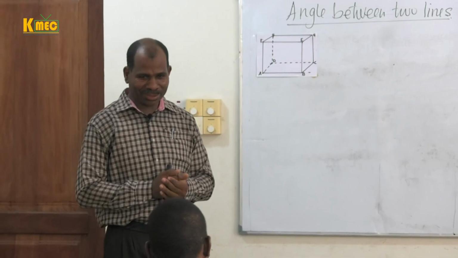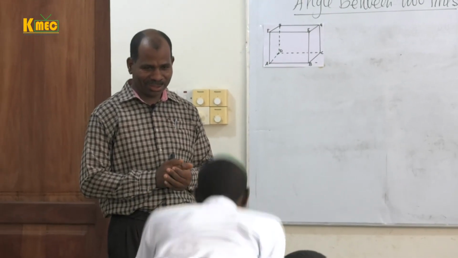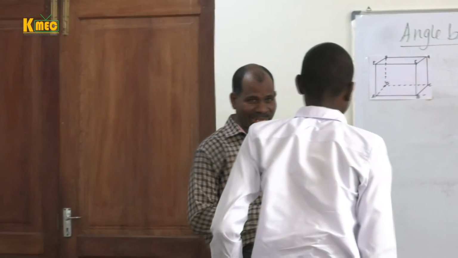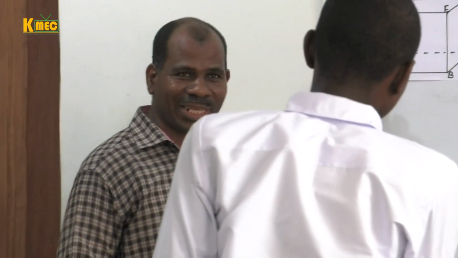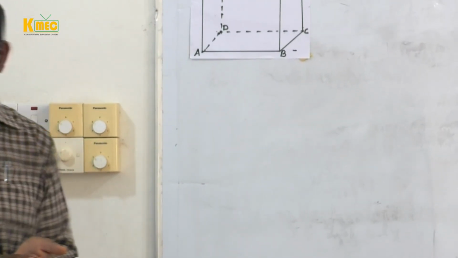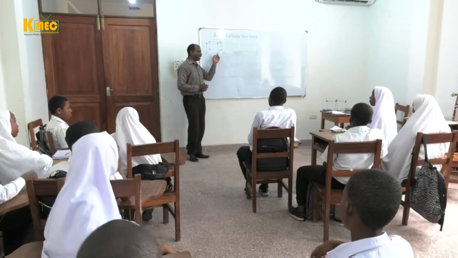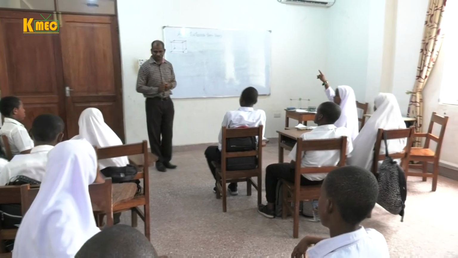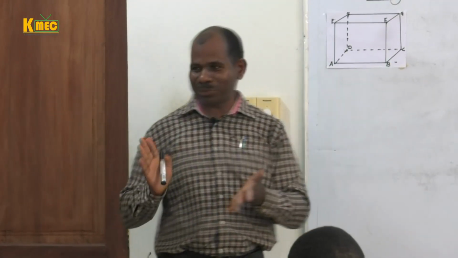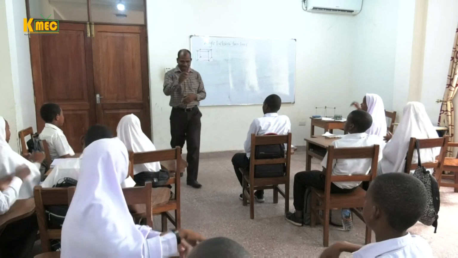Who can tell me the first line? Yes, Abdullah. The line A. Another one. What do we call it? Is it A or this line? Yes. AB. The line AB. Good. Clap to her. Another line. This group. Line BC. Good. Clap to this group.